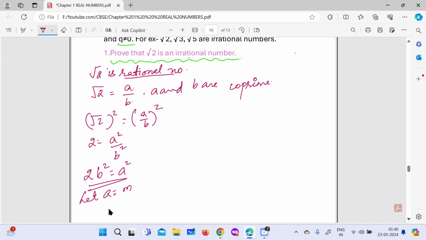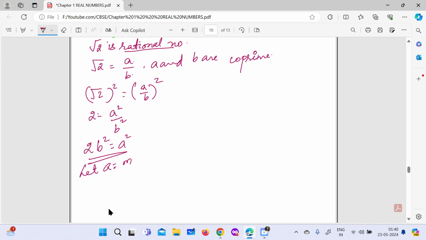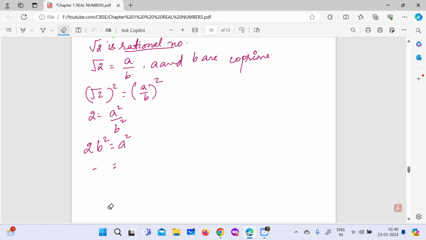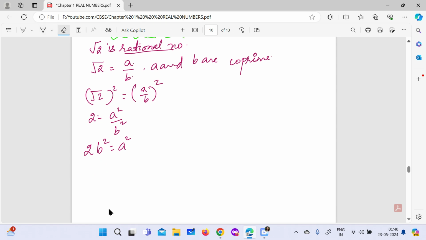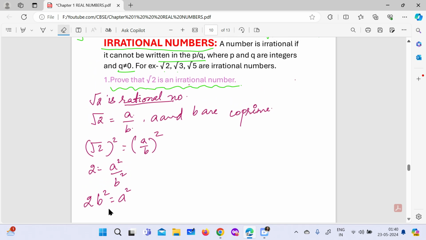Okay, now when a is equal to, one moment. So before I complete this, I should introduce you to one theorem as well. That is very important. I missed saying that.